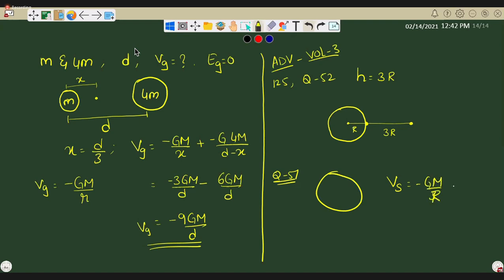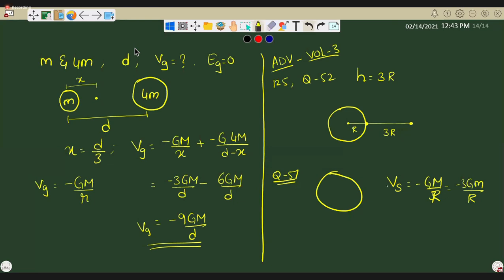So M is 3m, no? So in the back it's given minus 4 GM by R. That is your potential due to your 3m on that point.